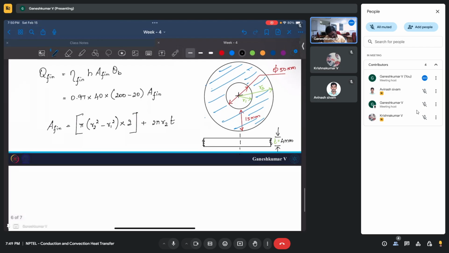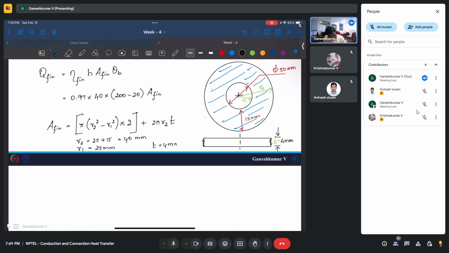If you are clear on this, you can find out R2 is going to be 25 plus 15, which is 40 mm, and R1 is 25 mm, and T is 4 mm.